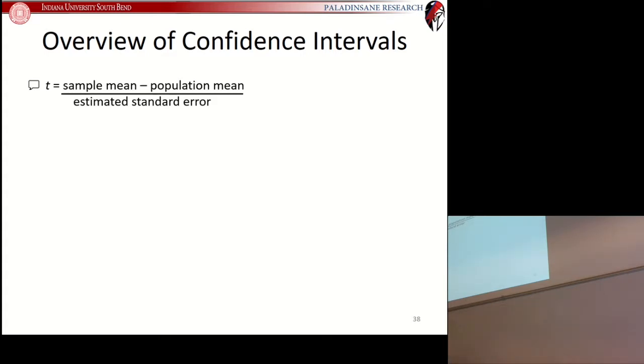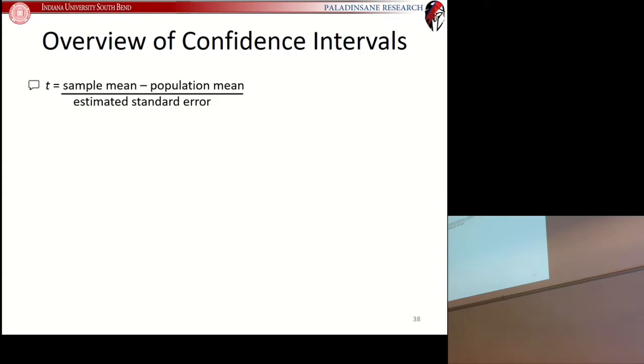The t statistic equals your sample mean minus your population mean, all divided by your estimated standard error. So we've seen this over and over again.